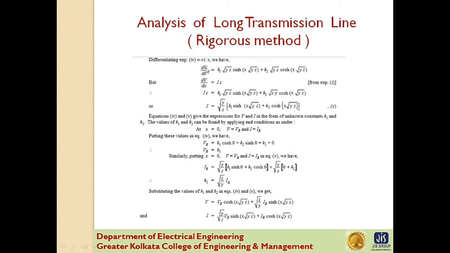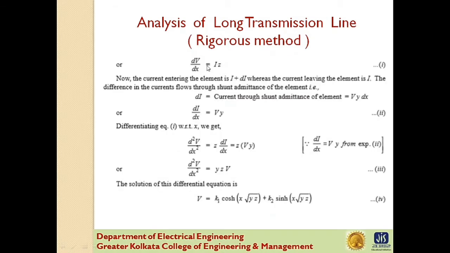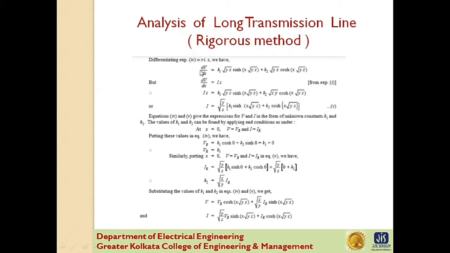Now dV by dx equals I z. So we put here I z, and from here I is equal to root over y by z, because root over yz by z equals root over y by z. So this is equal to root over y by z into k1 sinh x root over yz plus k2 cosh x root over yz.